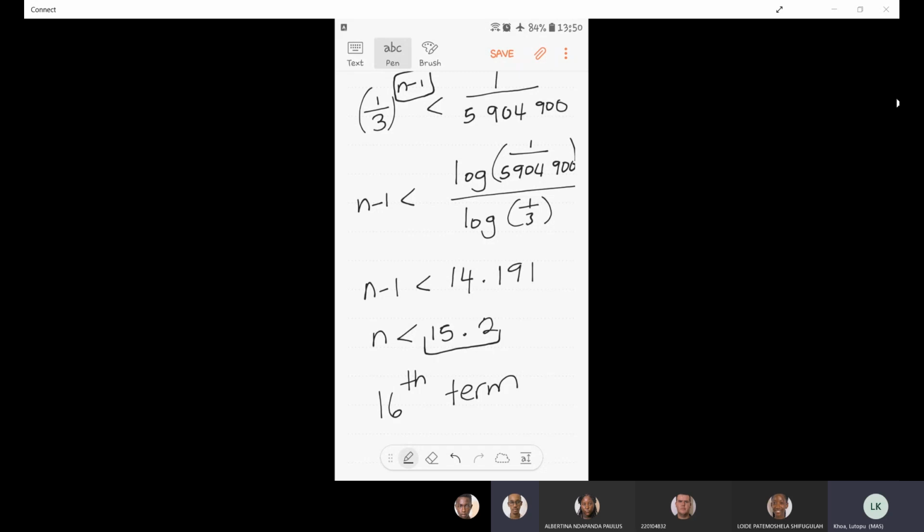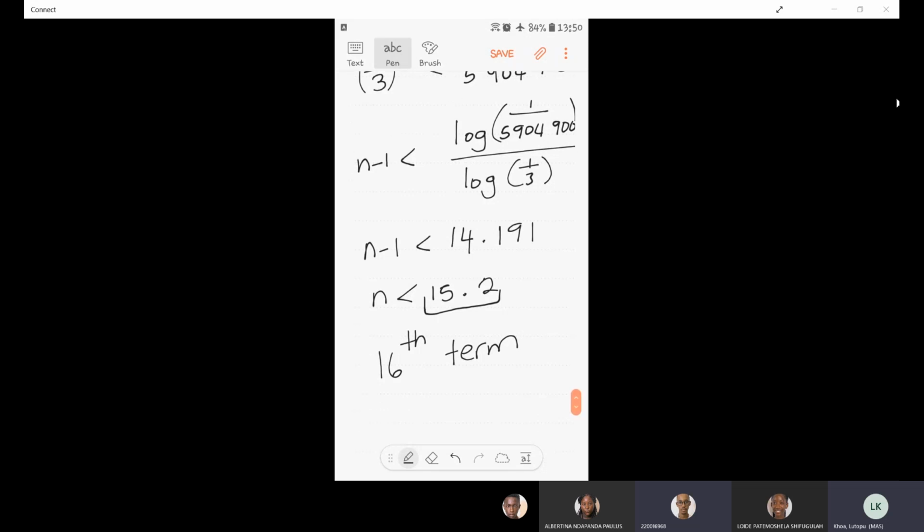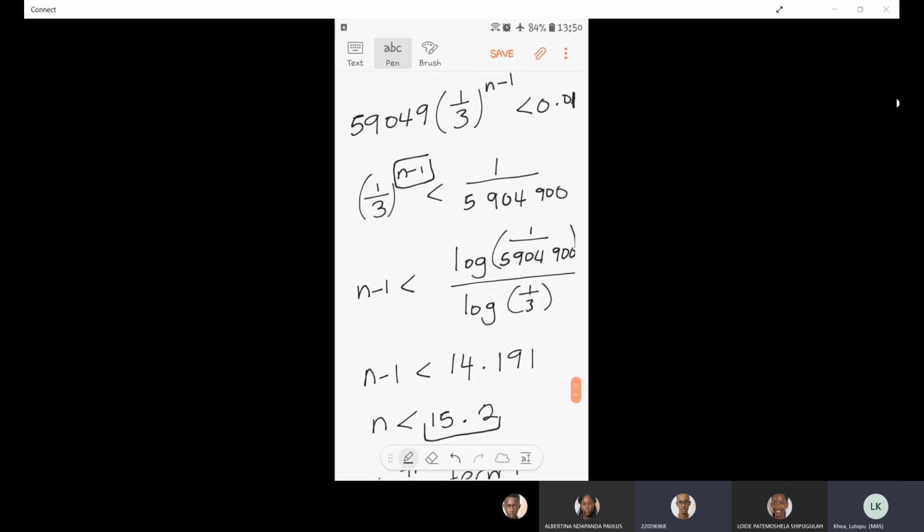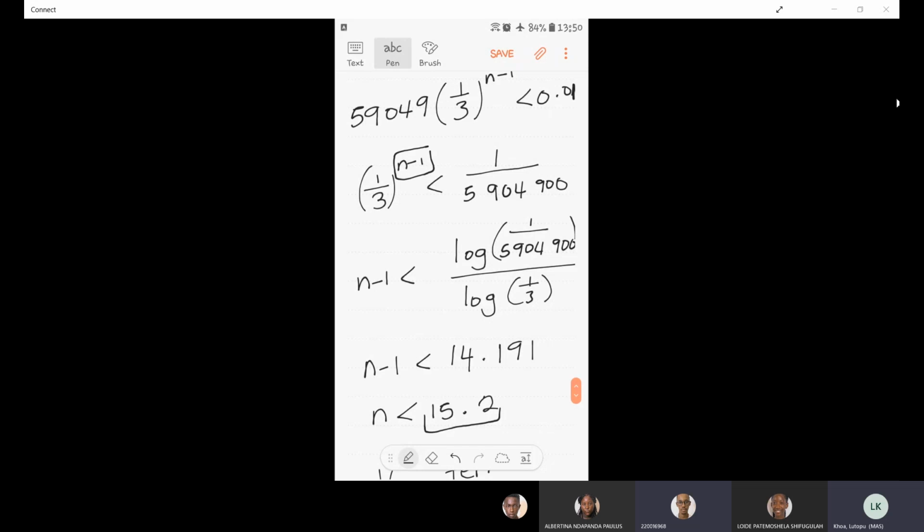Yes, ma'am. Can you please go back to the step where 1 over 3 to the power of n minus 1 is smaller than 1 over 5 million? Can you please explain how you got to the following step, the step after that?